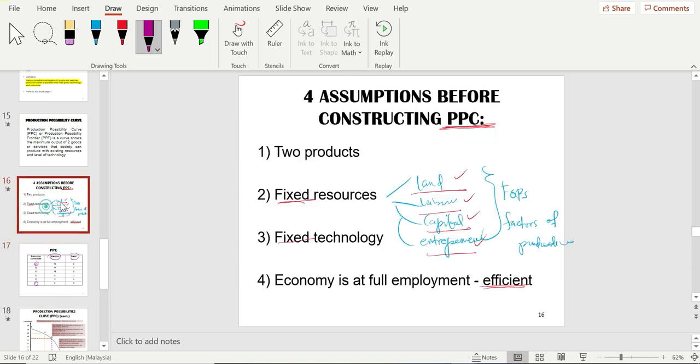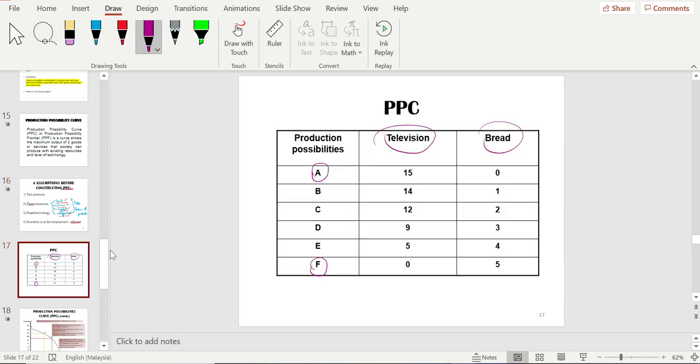They are violating the first assumption, must produce two products. Okay, so even though A and F is also categorized as a combination, but we did not prefer A and F because this is the extreme, they are only producing one types of product.